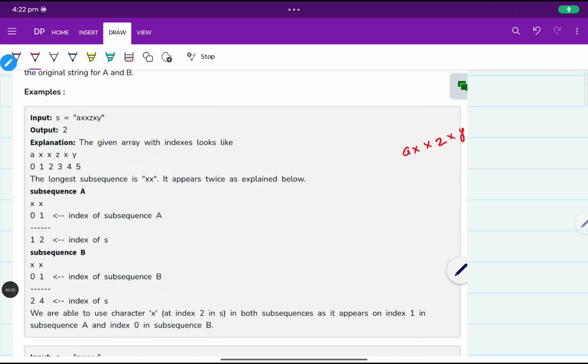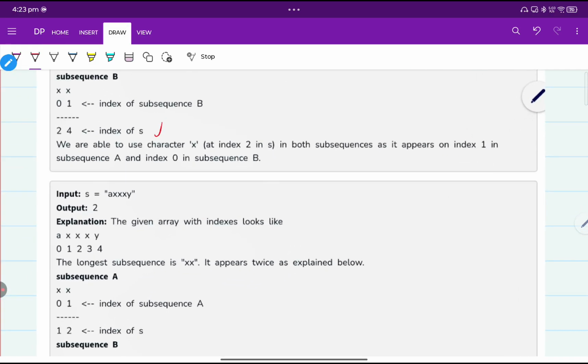In this question, maybe something is wrong: they consider the value at index 0 as x, so positions 0 and 1 have the x value, and positions 2 and 4 have the x value. That's why maybe the question shows the wrong thing.